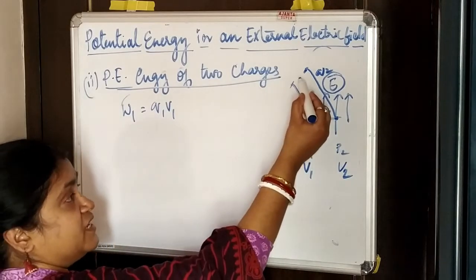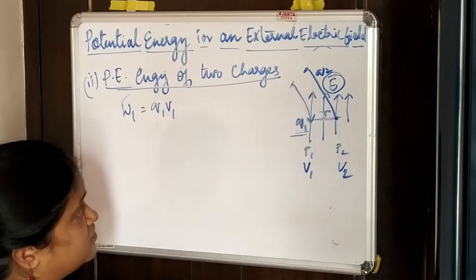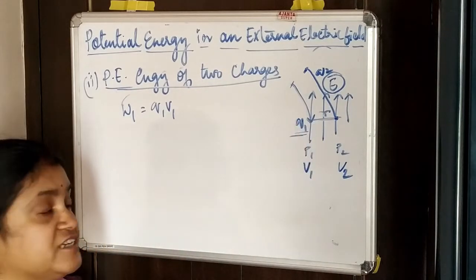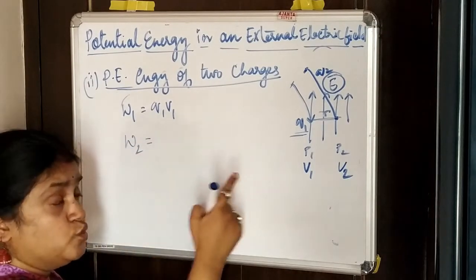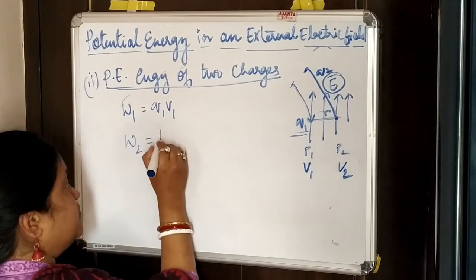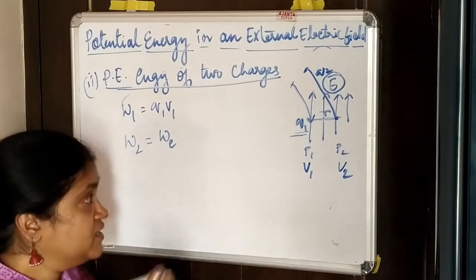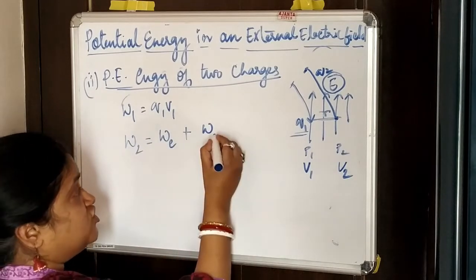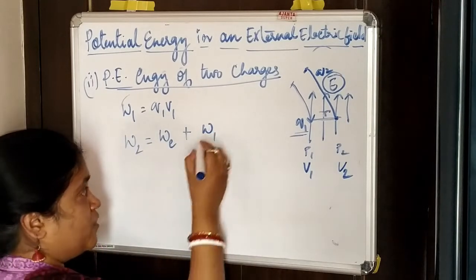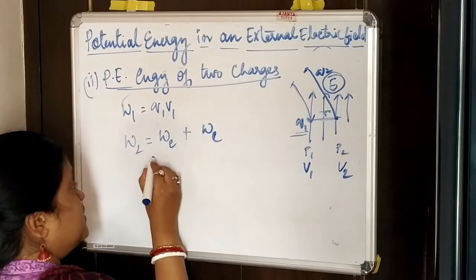So when we are bringing a charge Q2 to this external electric field, Q2 must be doing two different works. First work it is doing due to the external field, and the second work it is doing due to the charge Q1, or I can say WC, due to the charge.